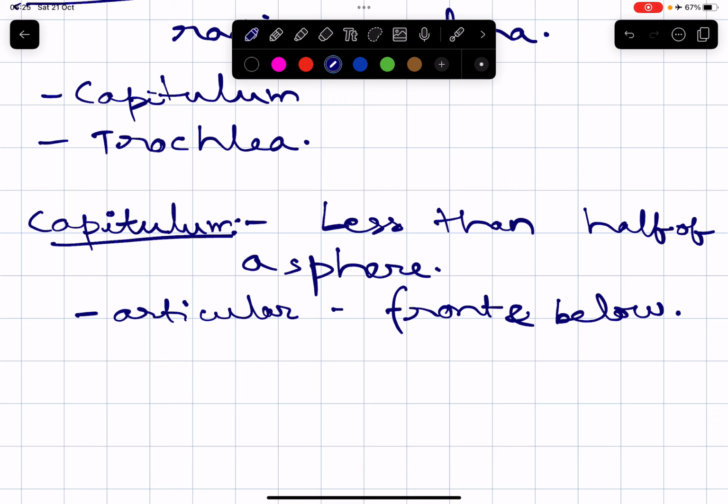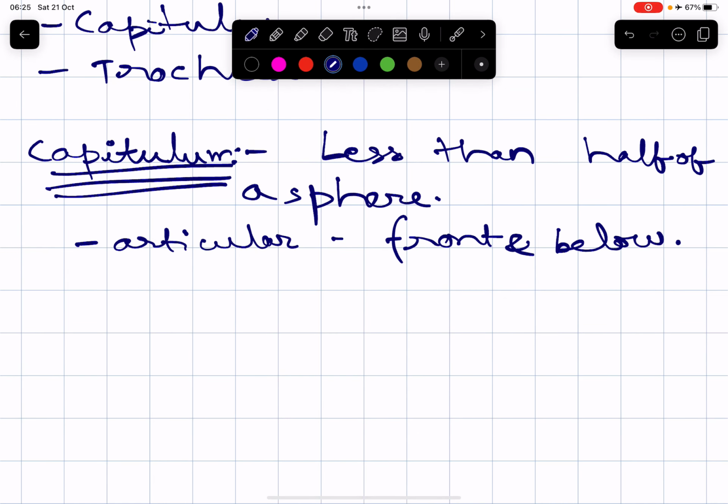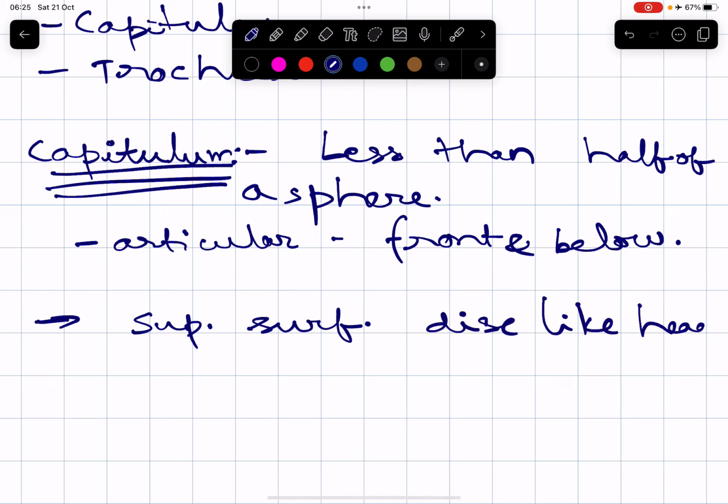Now this capitulum is going to articulate with the superior surface of the disc-like head of the radius.